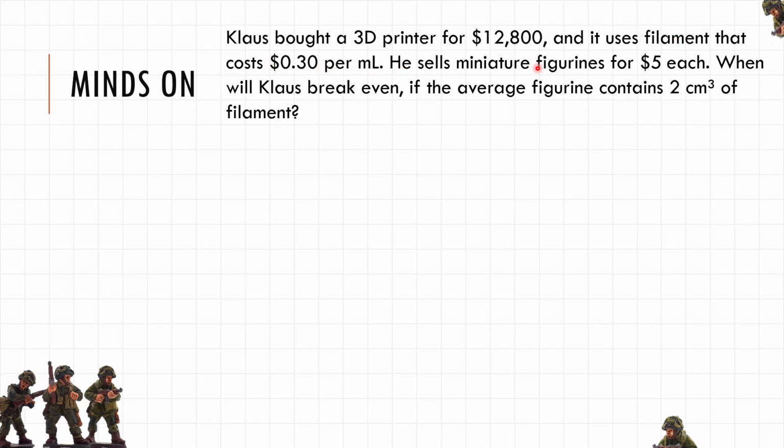He then sells those miniature figurines for $5 each. Look at these guys, they're all $5. How long or when will Klaus actually break even if the average figurine contains 2 cubic centimeters of filament? There is a lot going on in this question, but pause the video here and take as long as you need to go ahead and solve it.